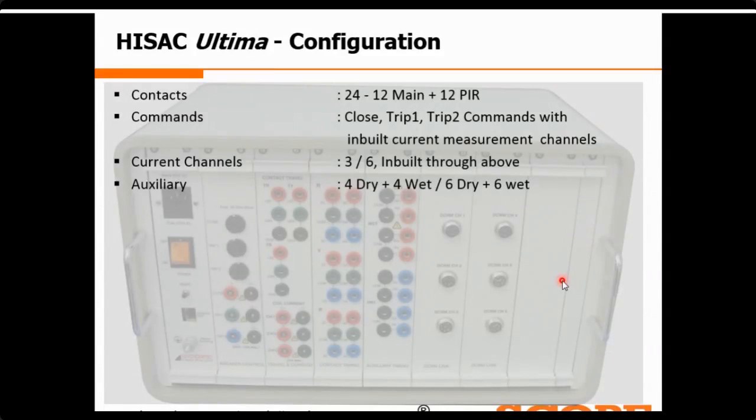For a 765 kV circuit breaker, it can be upgraded up to 6 coil current channels. The auxiliary channels are in a standard 4 dry plus 4 wet configuration. Additionally, we can give an auxiliary contact configuration up to 6 dry and 6 wet.